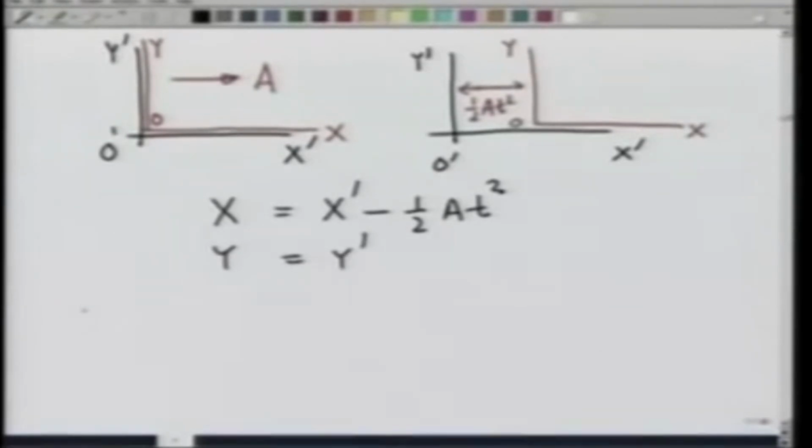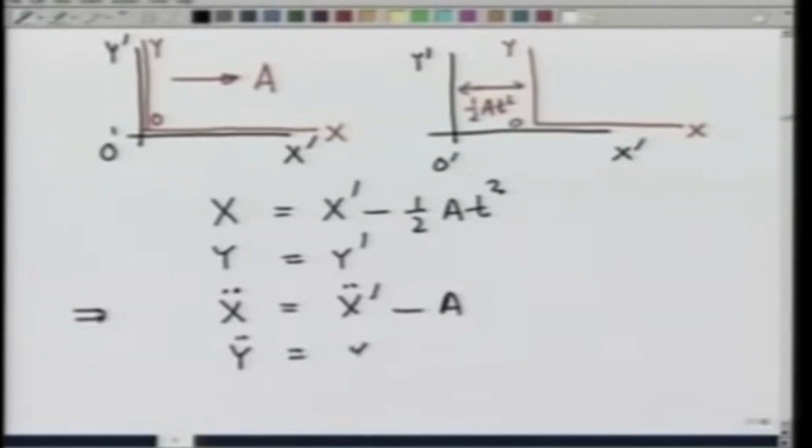Therefore, for a particle being observed in the two frames, x double dot, the acceleration in the accelerating frame, would be x prime double dot minus a. y double dot will be y prime double dot.